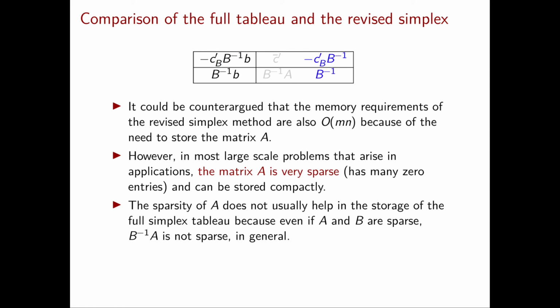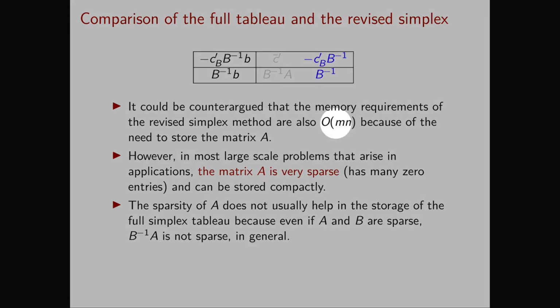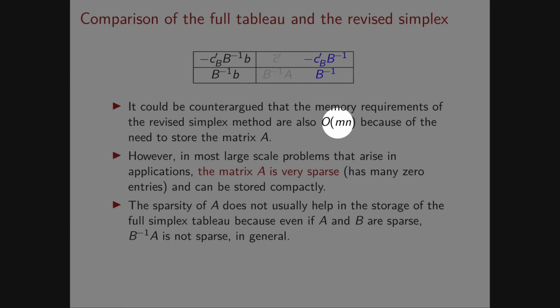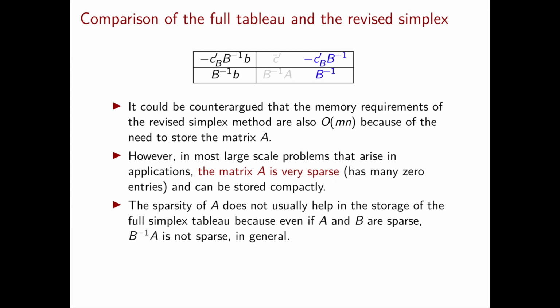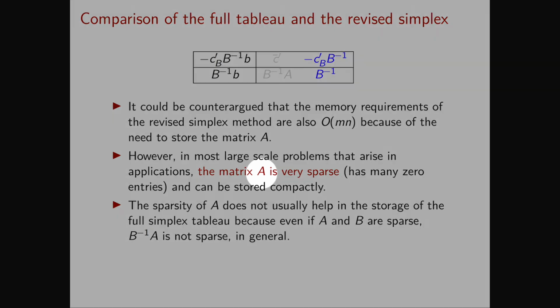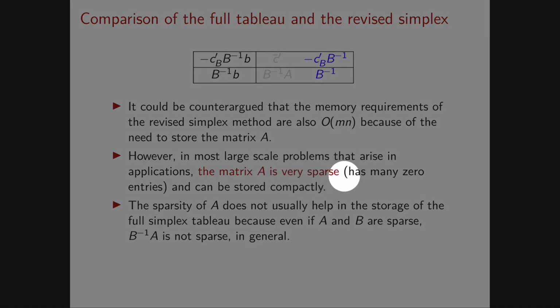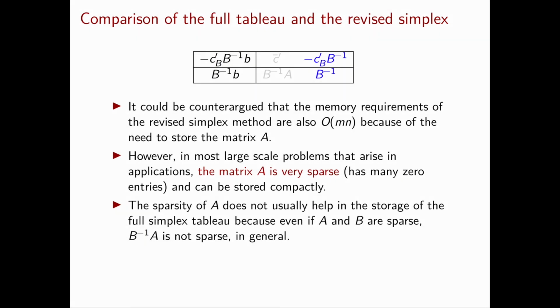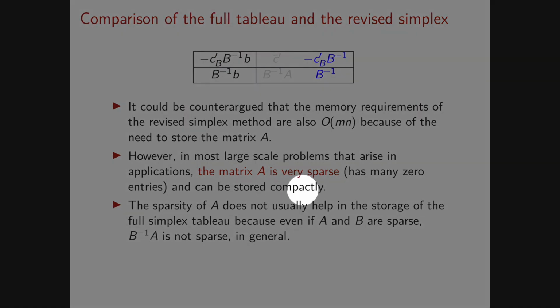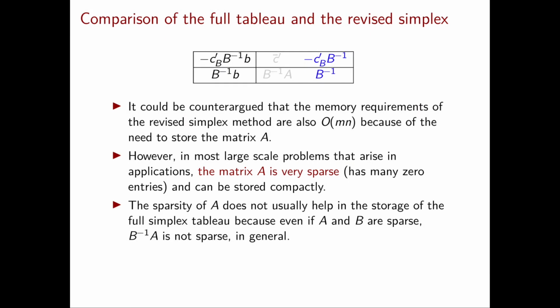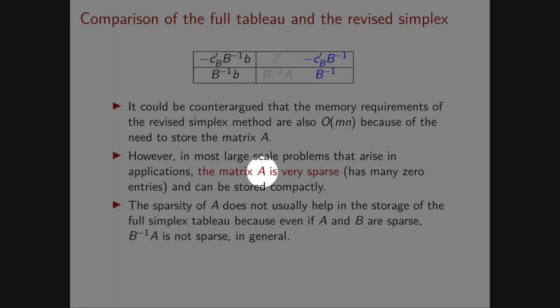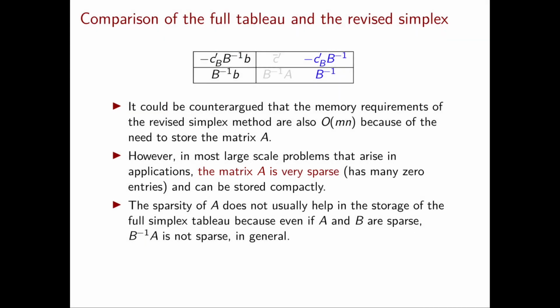However, from a practical perspective, we never need to store big O of mn entries, even though the matrix A is m by n. The reason is that in most large-scale problems that arise in the real world, the matrix A is very sparse, meaning that most of its entries are zeros, and so it can be stored in a compact way. In order to do so, you can simply store every non-zero entry of A together with its corresponding row and column.